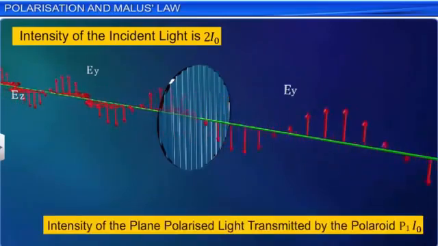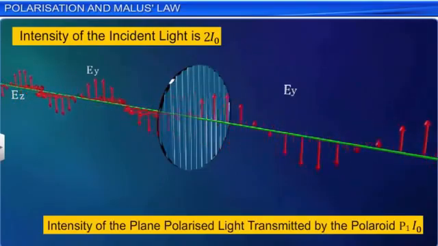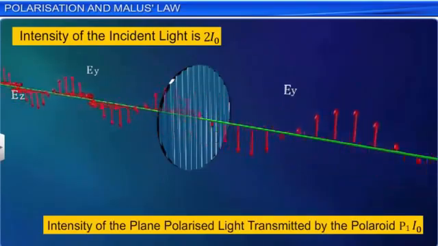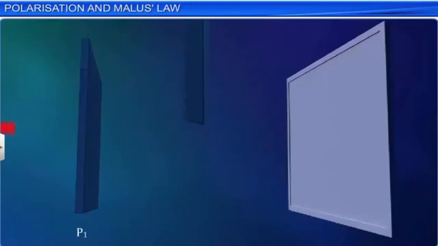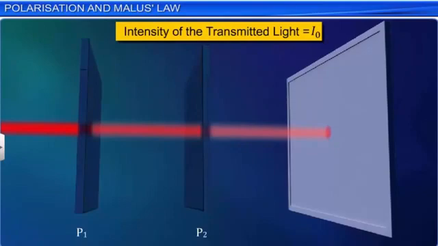Let the intensity of the plane polarized light transmitted by the Polaroid P1 be I0. Now, place another Polaroid P2 between the first Polaroid and the screen in the path of the plane polarized light of intensity I0.